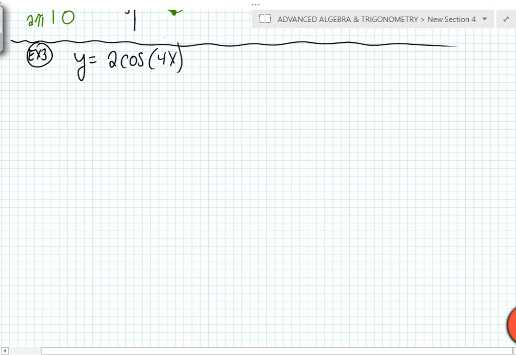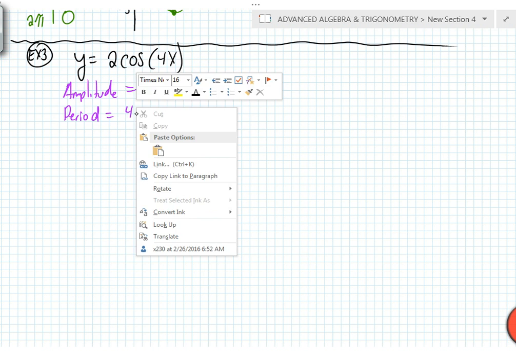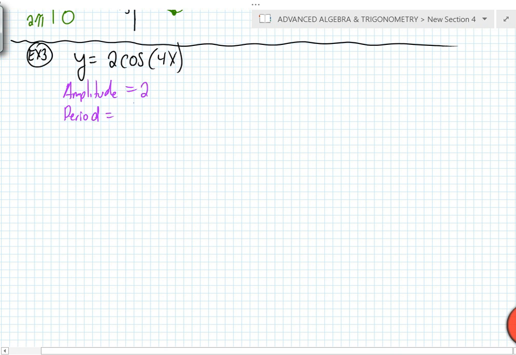So we'll use purple for this one. Again, we have an amplitude that is equal to 2, and we know that the period is going to be equal to 2 pi divided by 4, which is pi over 2. So this thing is going to be scrunched down. The spring is going to be compressed, and we'll hang on to that.